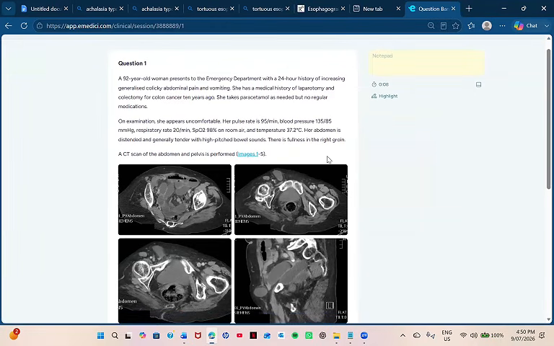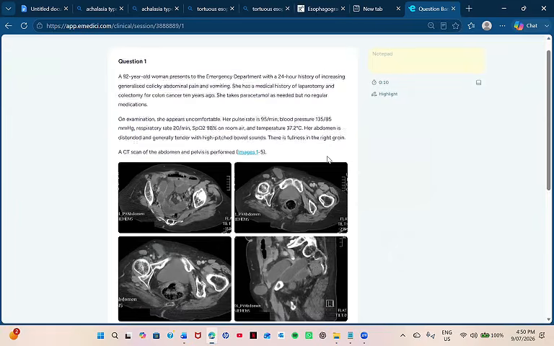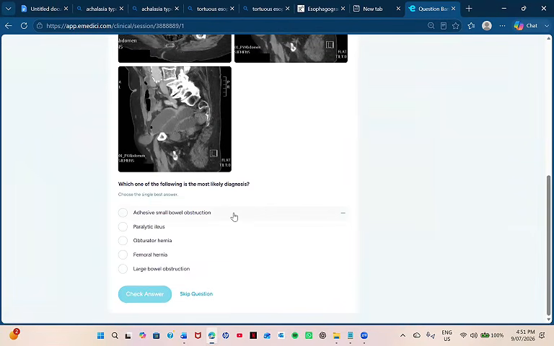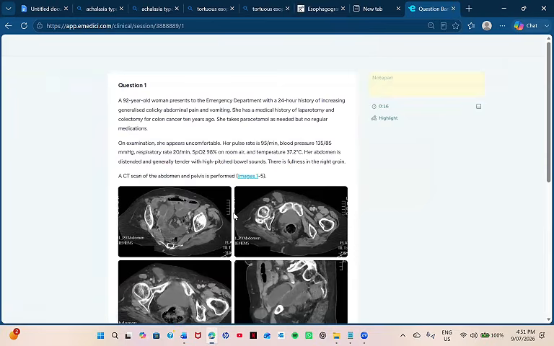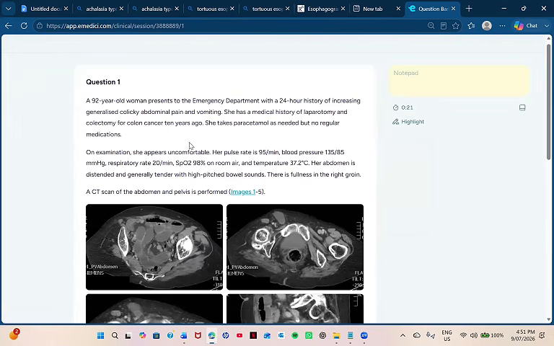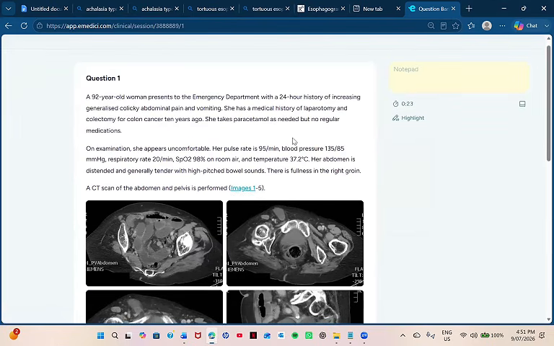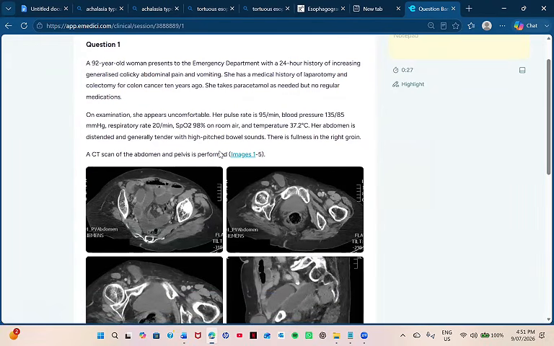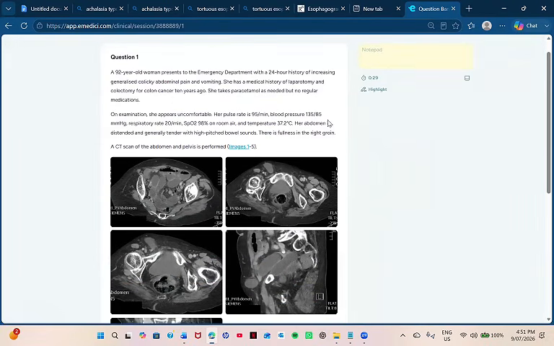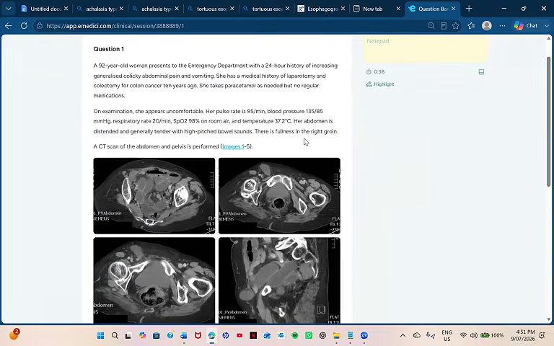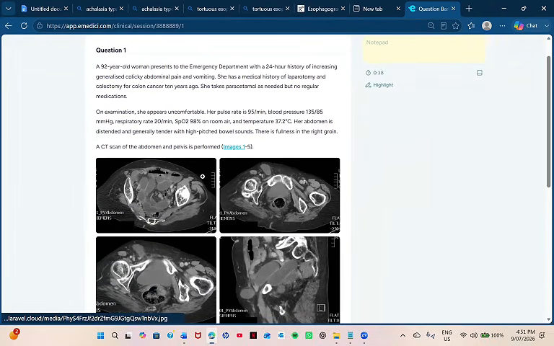Yeah, there is an increase in colic abdominal pain, medical history of laparotomy, colectomy. On examination she appears uncomfortable. Pulse rate is 95. Abdomen is distended, generally tender with low pitch. There's a fullness in the right groin, right? Yeah.